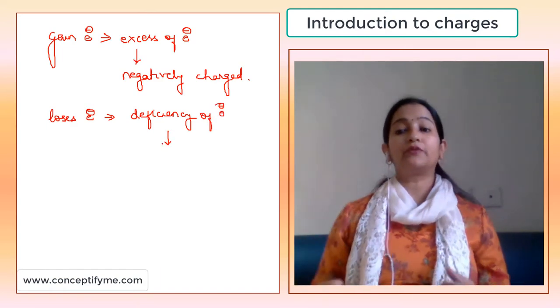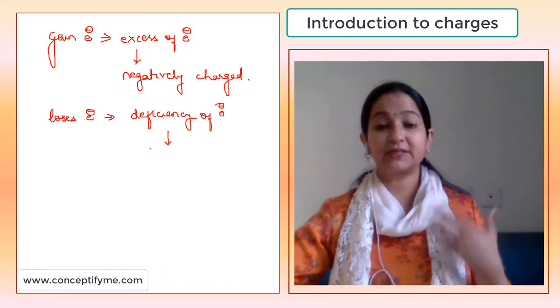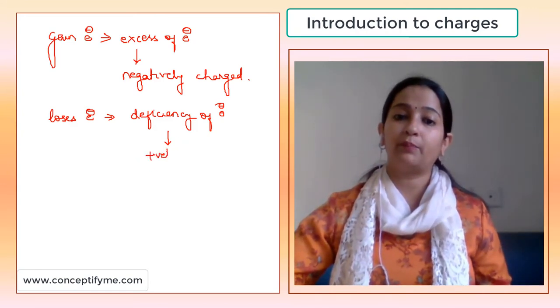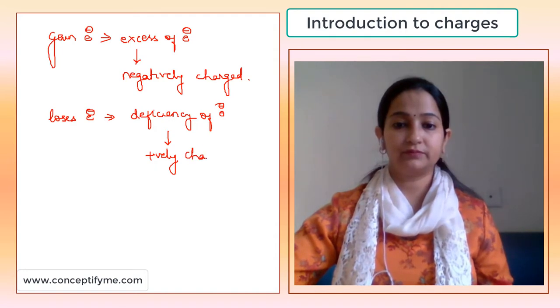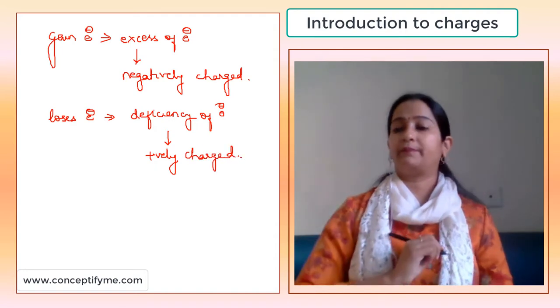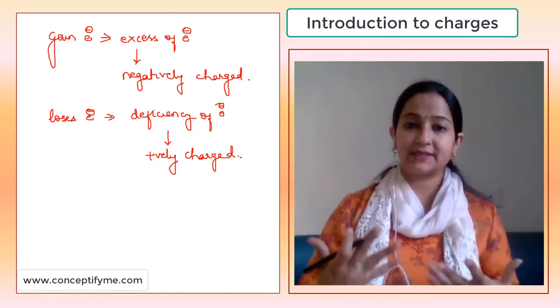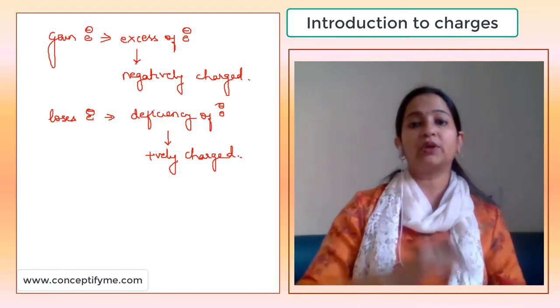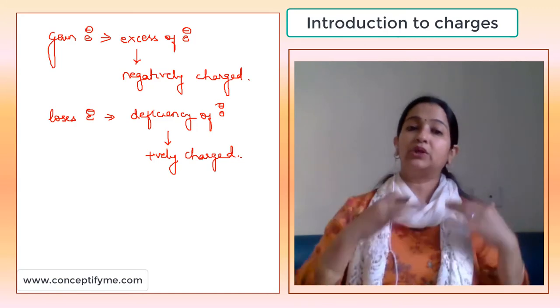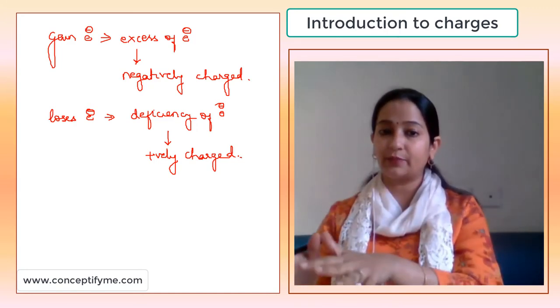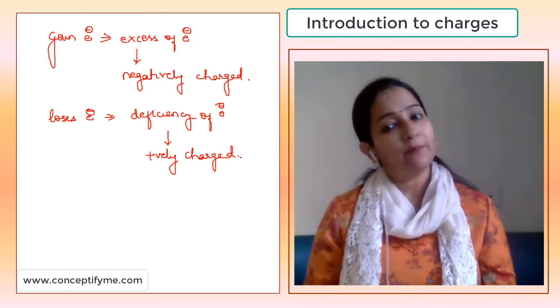And since the number of electrons is less, the body becomes positively charged. Gain of electrons, excess electrons, body becomes negatively charged. A body loses electrons, it has a deficiency of electrons, and therefore it becomes positively charged.